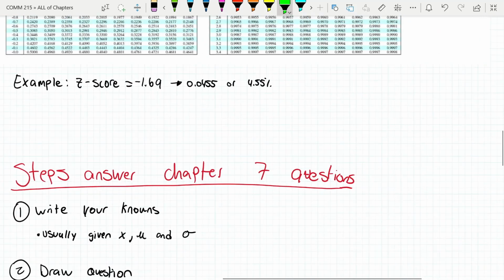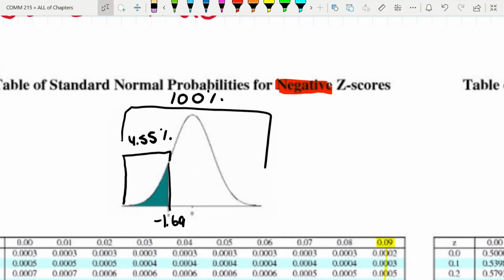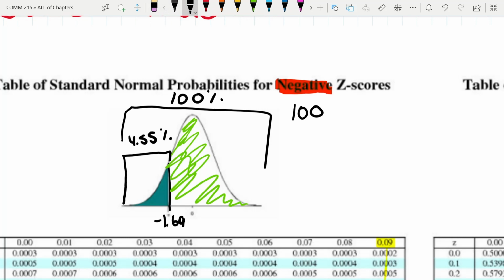This is important to know, because sometimes you want to find the area to the right. In this example we found the area to the left, but if we want the area to the right, the whole area in green, once you find the area to the left, you just do 1 minus 0.0455, or 100 minus 4.55, and that's going to give you the exact same thing.